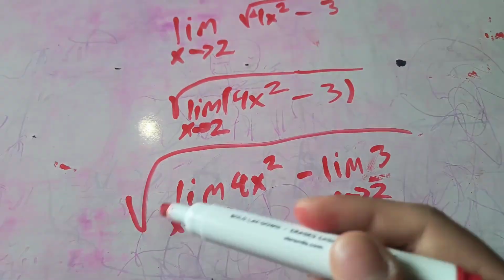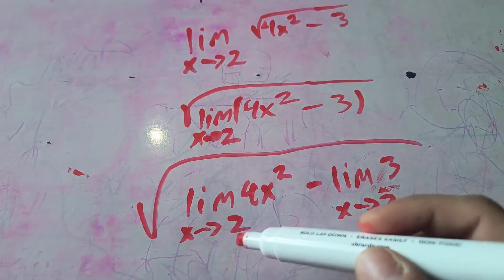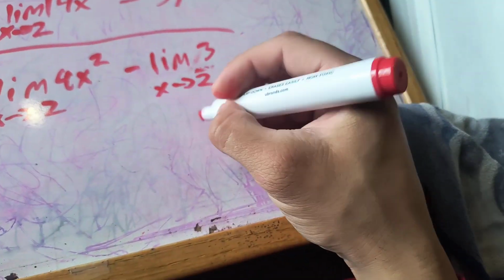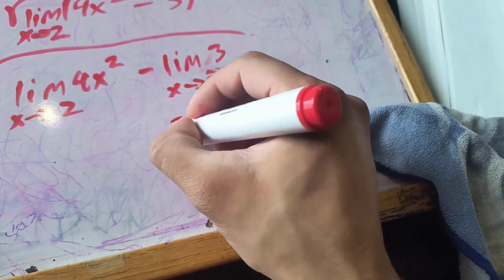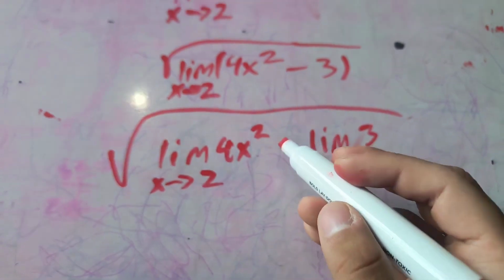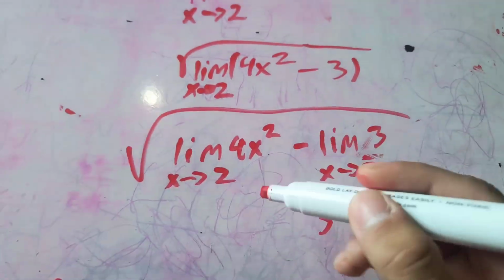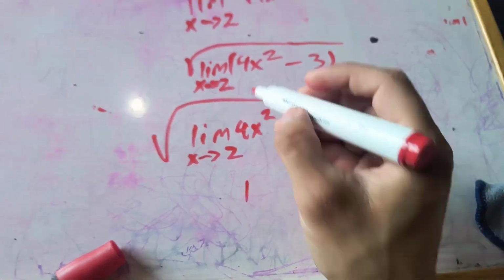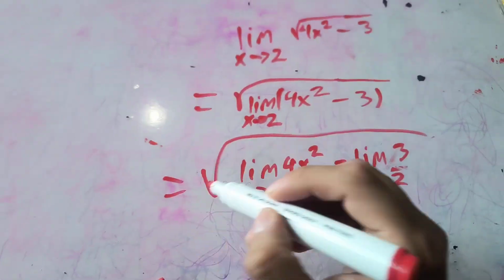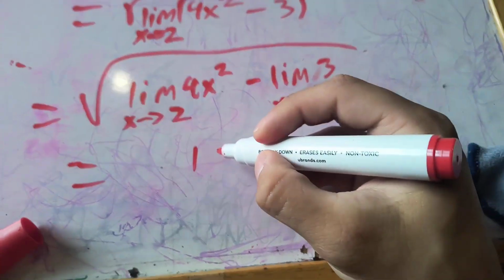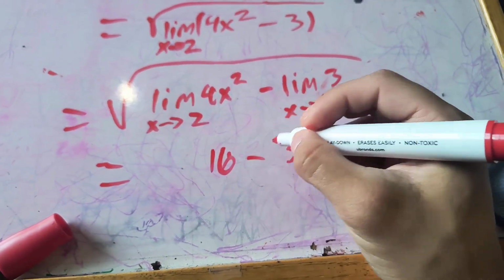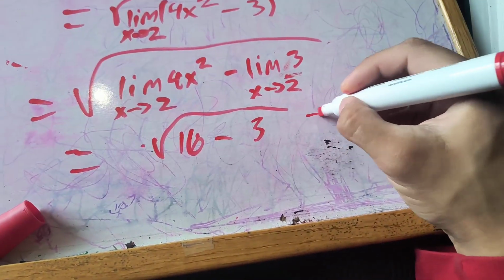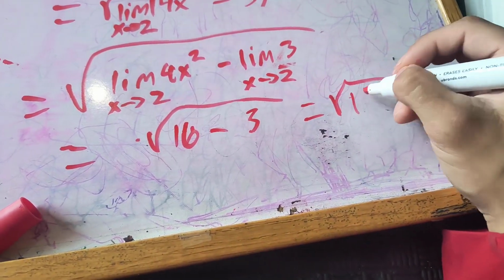And then we can substitute in 2 for the x's. This would just remain 3. For 4x to the power of 2, 2 to the power of 2 is 4, 4 times 4 is 16, so this becomes 16 minus 3, square root. 16 minus 3 is 13, so this becomes the square root of 13.